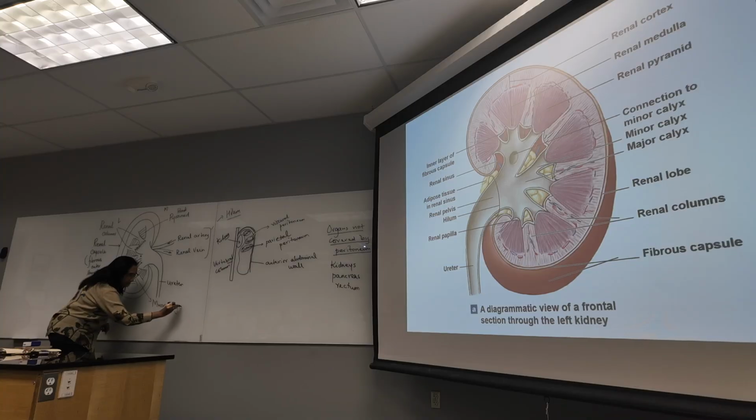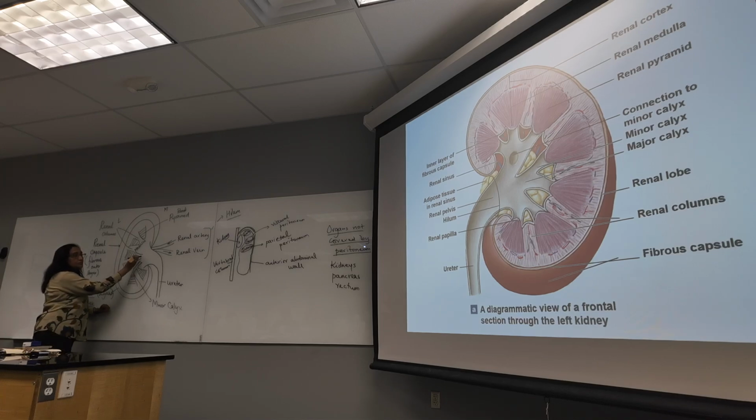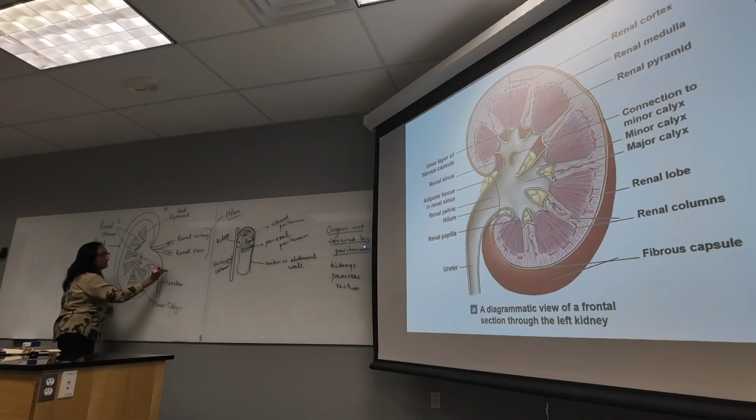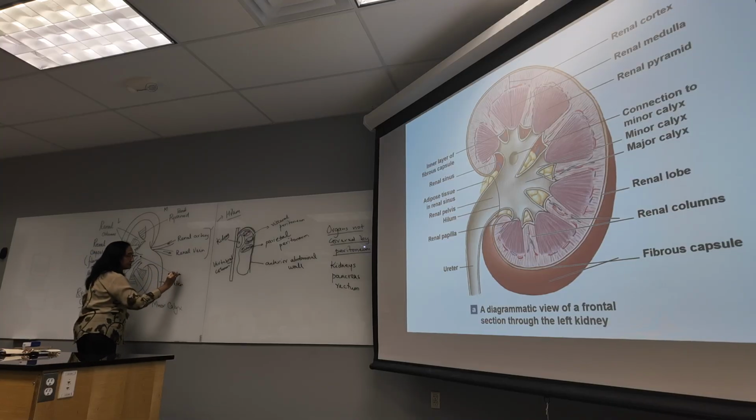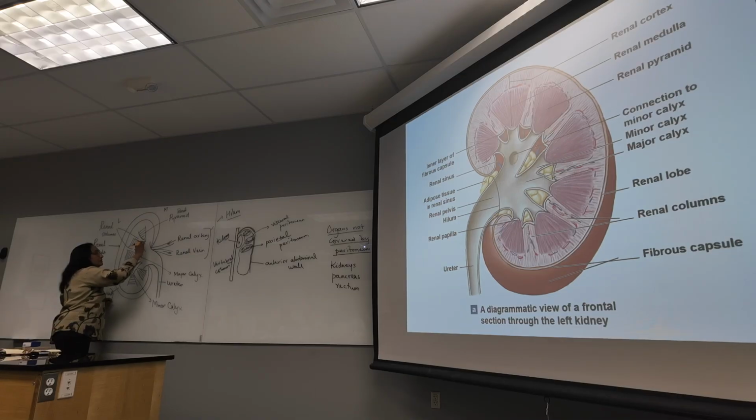Minor calyx. And when they join together to form this bigger tube, this one here, this is called a major calyx. And so there will be tubes from here as well.